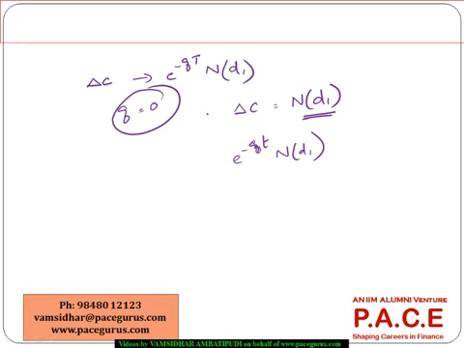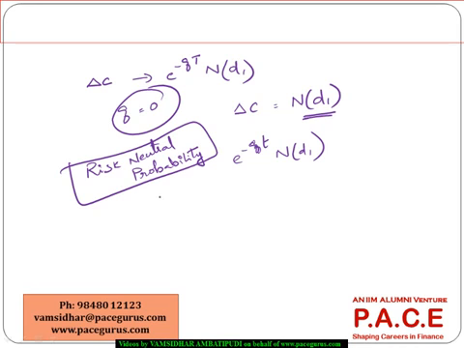But when I look at n d2, I am simply talking about the risk neutral probability that the option will expire in the money. Why risk neutral? Because if you remember, we made an assumption that mu minus q should become equal to r, where r is the risk-free rate.